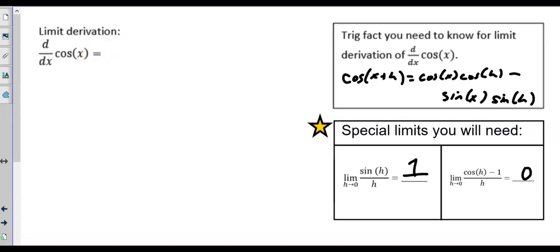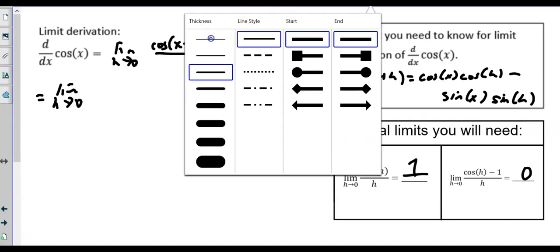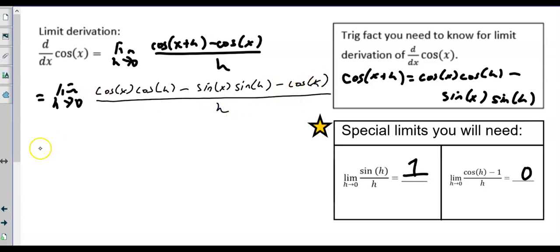So the derivative of cosine x is going to be the limit as h approaches 0 of cosine of x plus h minus cosine of x, all divided by h. Angle addition here, so I can keep going. The limit as h approaches 0 of cosine of x, cosine of h, minus sine x, sine h, minus cosine x, all divided by h.